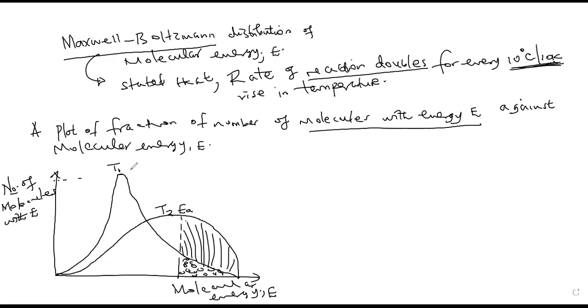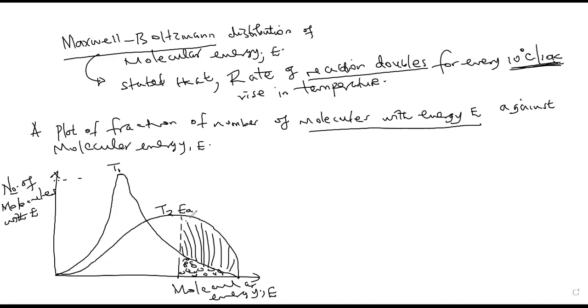However, at a higher temperature T2, there is a wide range of molecules. So a proportion of molecules with energy greater than or equal to EA increases, giving a greater likelihood of successful collisions, which increases the rate of reaction.